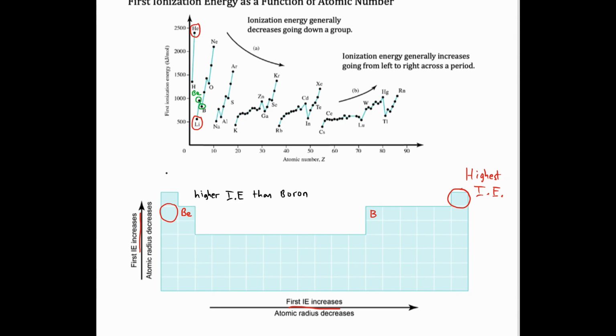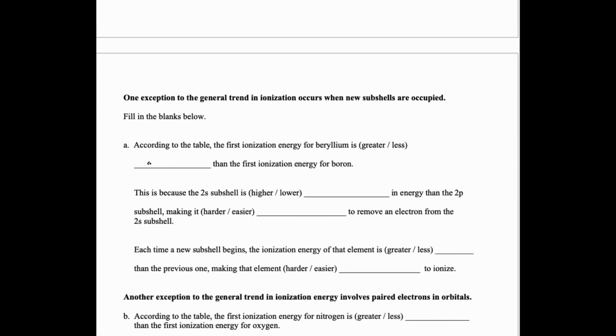So if we look at their configurations, beryllium's configuration is 1s2, 2s2. But boron is going to be 1s2, 2s2, 2p1. It turns out that that 2p1 electron is fairly easy to pull off. And that's why it has the lower ionization energy of the two. All right, so we'll put that beryllium has a greater first ionization energy.